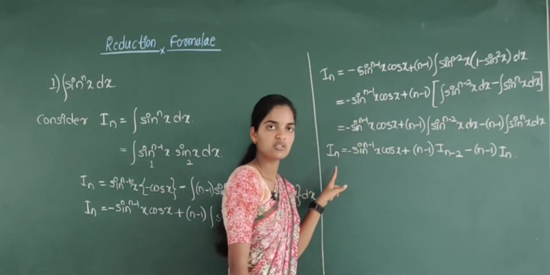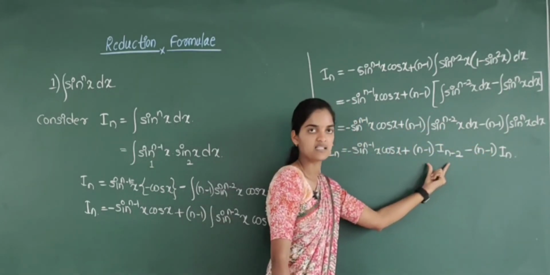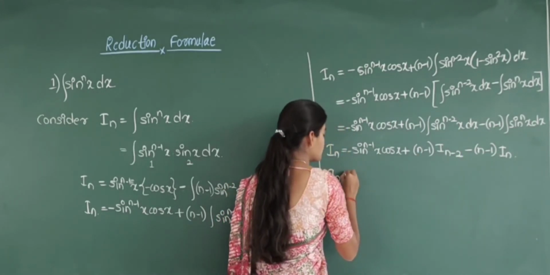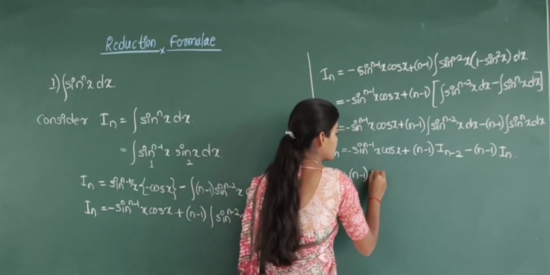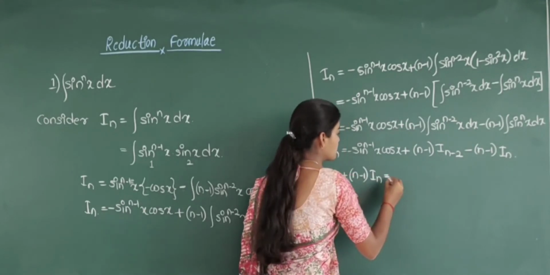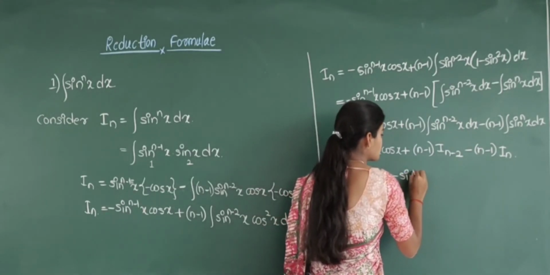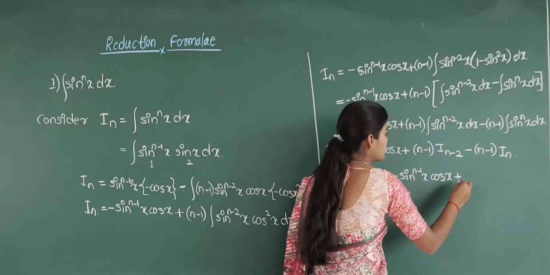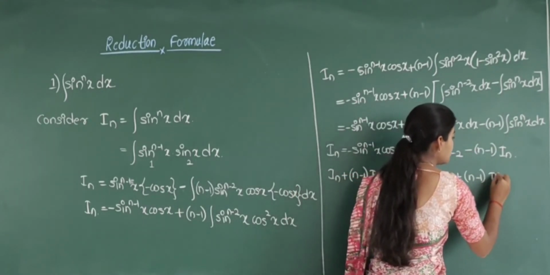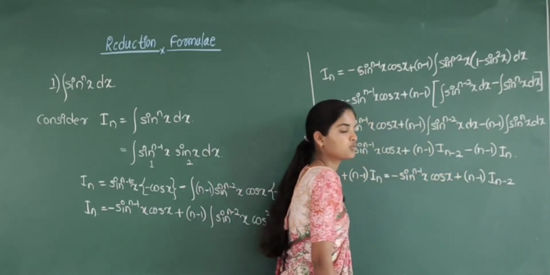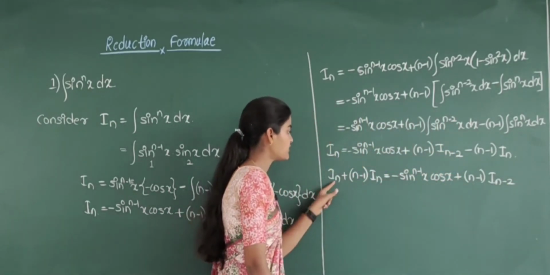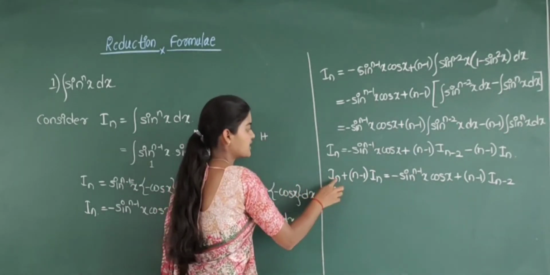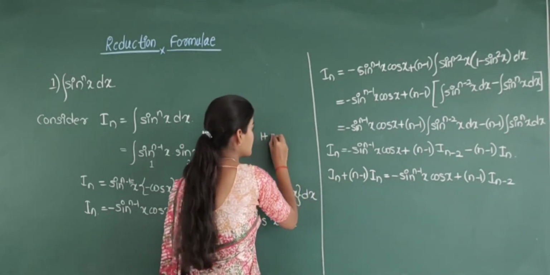Now IN is there, and this term is also IN. Take this one to this side and the other terms as they are. That is IN with a minus sign, so here it will be plus n minus 1 into IN is equal to minus sine raised to n minus 1 into x cos x plus n minus 1 into IN minus 2. Then if you take IN as common, what remains is 1 plus n minus 1.